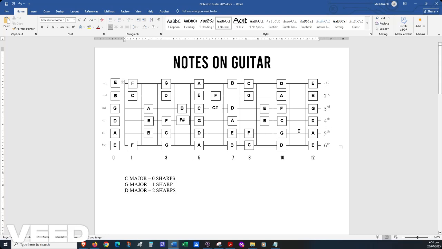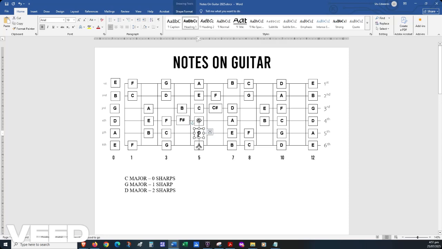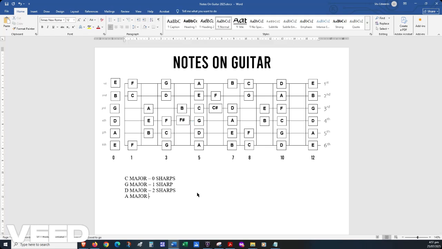Now we've run out of room here, so let's go down, right down to G. We had 1 sharp in G. Go up a fifth, D's got 2. If you go up on the guitar another fifth, you land on A. A major has got 3 sharps. And go up another fifth, E major has got 4 sharps.